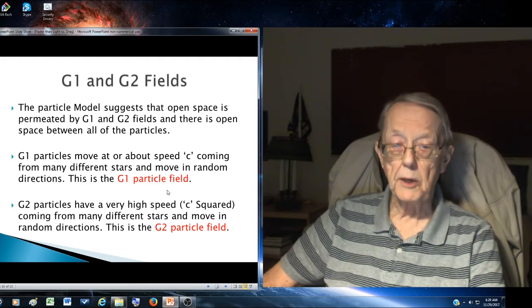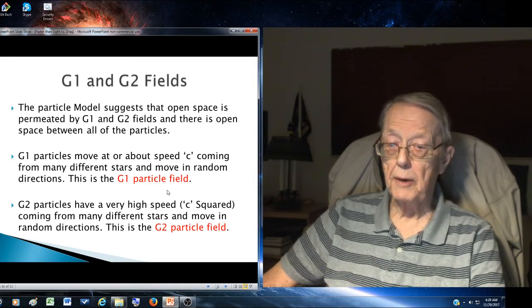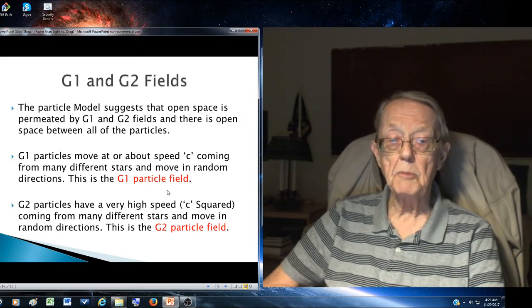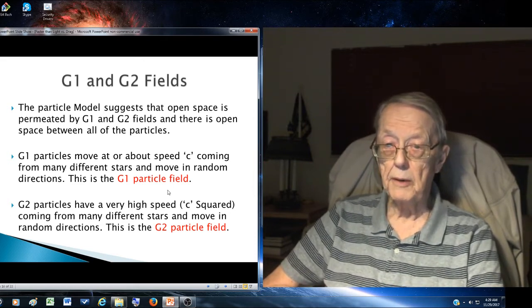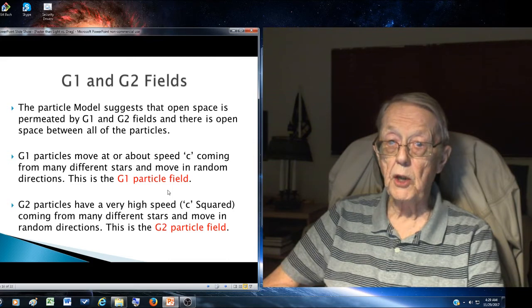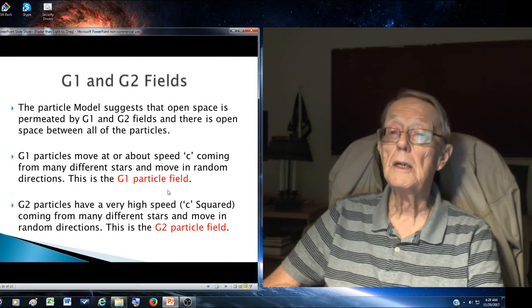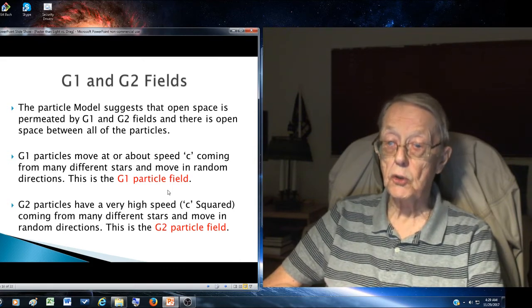This is the G1 particle field. G2 particles have a very high speed, I'm going to suggest c squared, coming from many different stars and moving in random directions. This is the G2 particle field. So there is open space between these particles, but the space is permeated with these two fields.